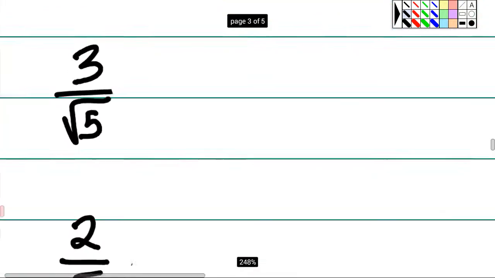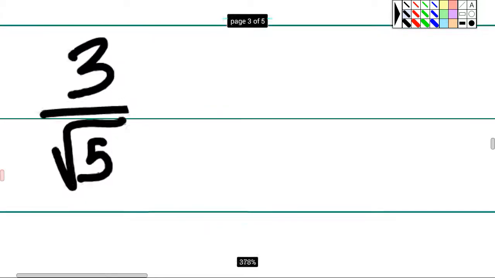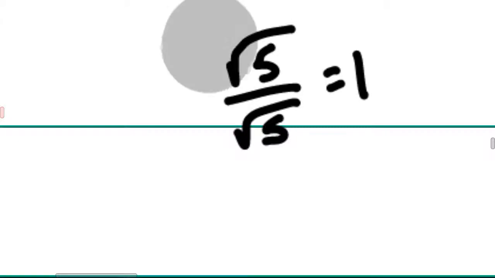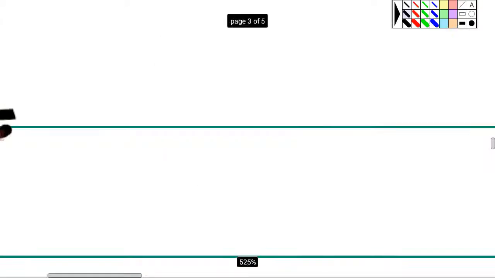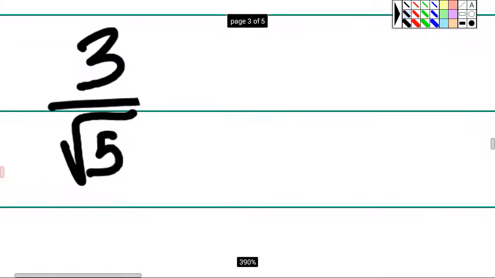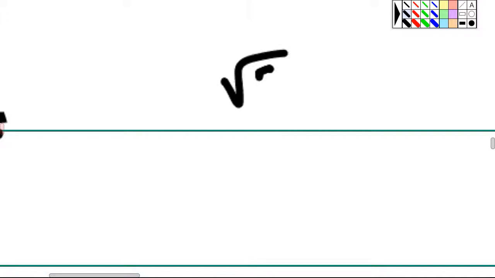Let's take a look at number 1 here. So, would you agree, as an aside, that the square root of 5 divided by the square root of 5 is 1? Well, yeah, anything divided by itself is 1. And additionally, what is the square root of 5 times the square root of 5?